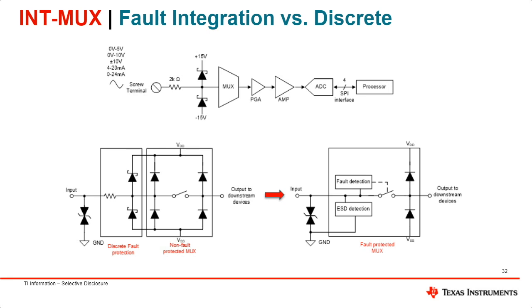It's embedded inside the MUX itself. So a MUX without that feature can have the discrete fault protection architecture outside of it, or a lesser footprint option is a fault protected MUX that has that feature in it, which reduces footprint in your system and costs as well.